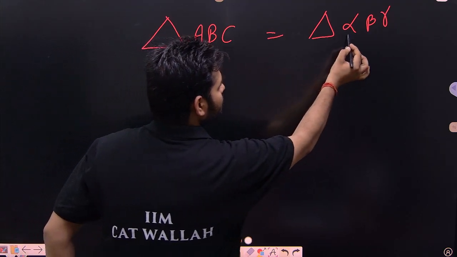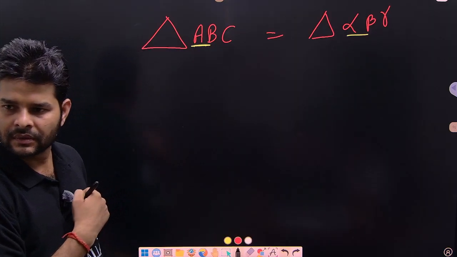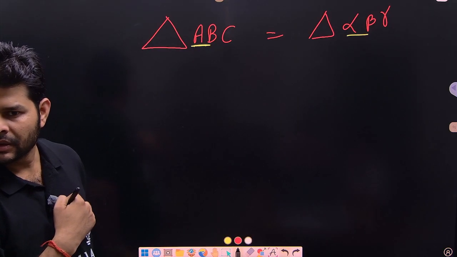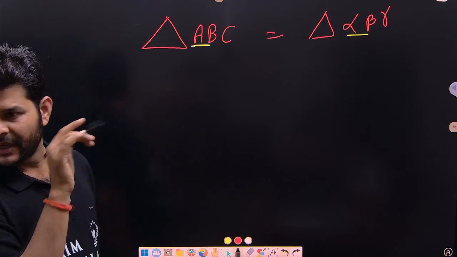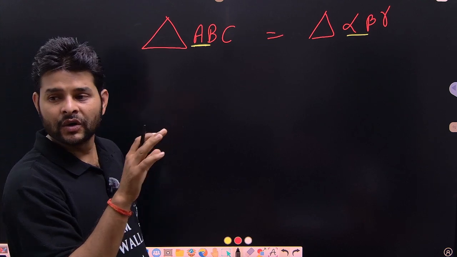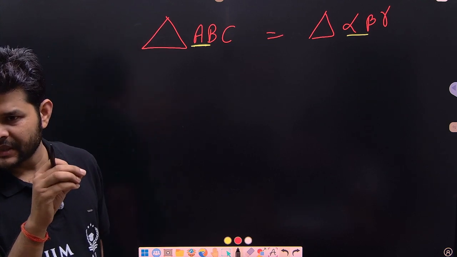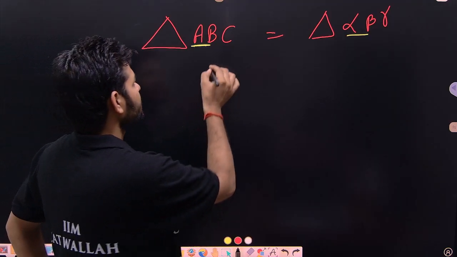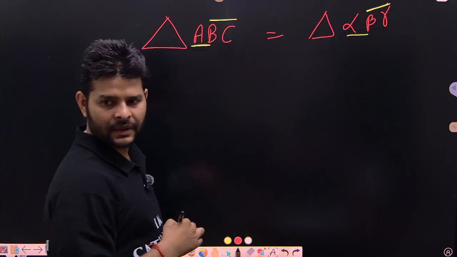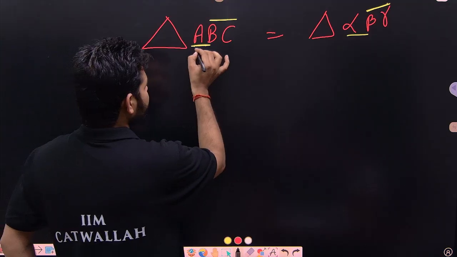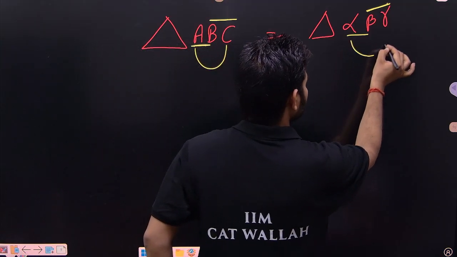AB would be equal to, corresponding side, alpha beta. Without drawing the figures, we can directly say that BC must be equal to beta gamma, and AC must be equal to alpha gamma.